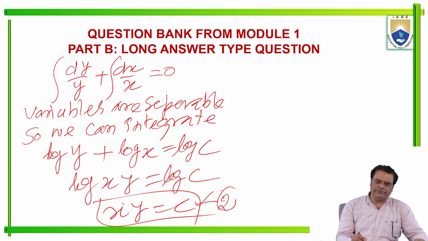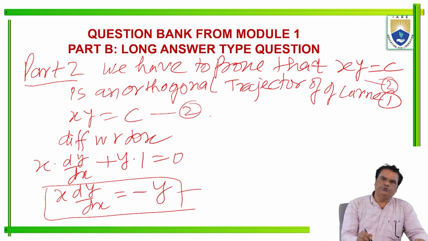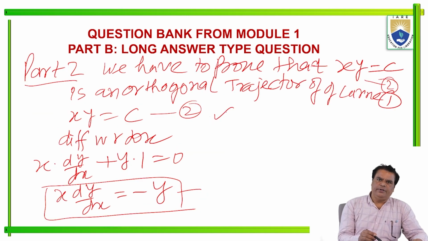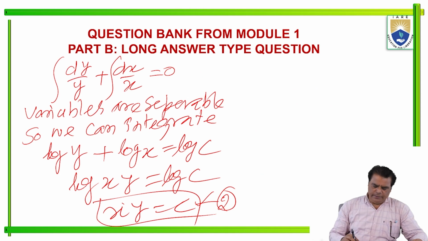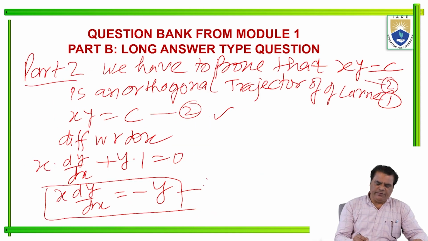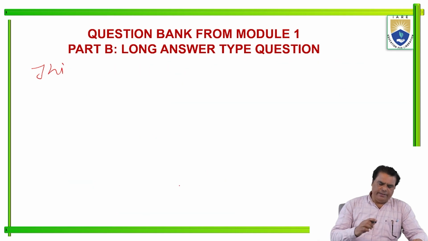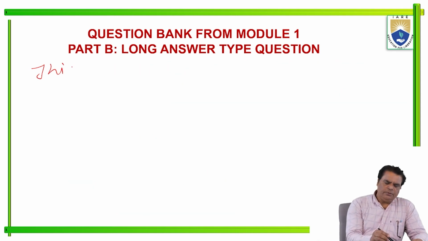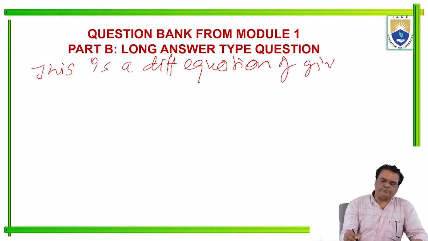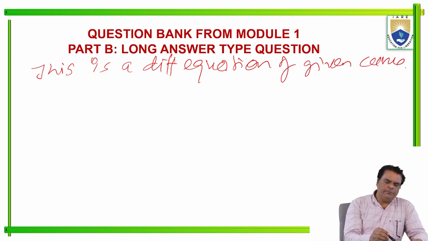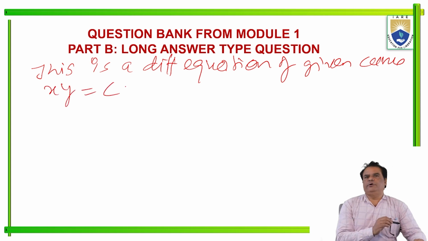We get again 2 this. So now here this is 2. We have taken 2 curve. So this is 5, 4 and 5. Equation 5 is the differential equation of the given curve xy equal to c.